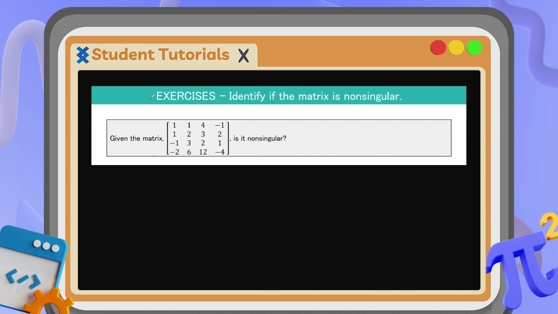So here we have the given matrix, and we want to know if it's non-singular. Based on what you've learned from matrices and determinants, you can determine whether this matrix is non-singular by simply taking its determinant. If the determinant is 0, then it is not non-singular.